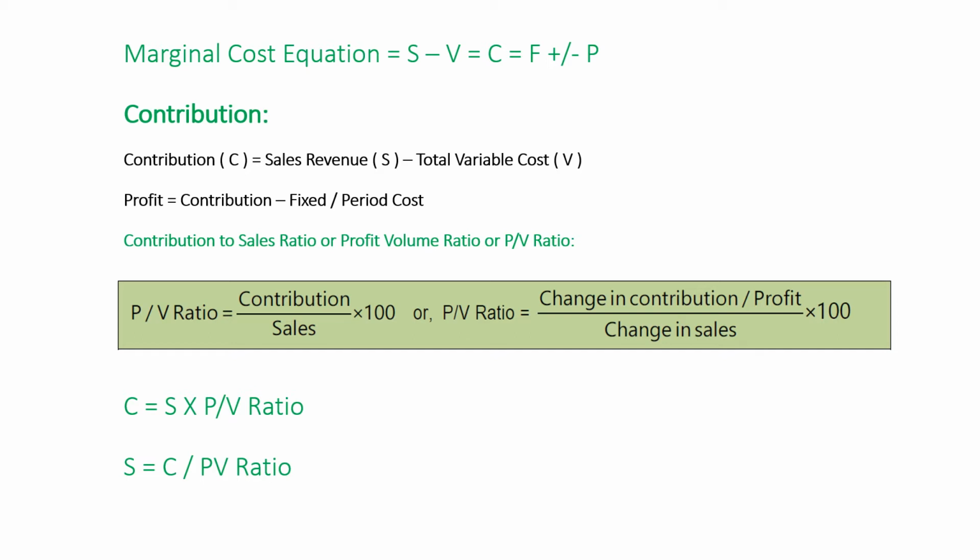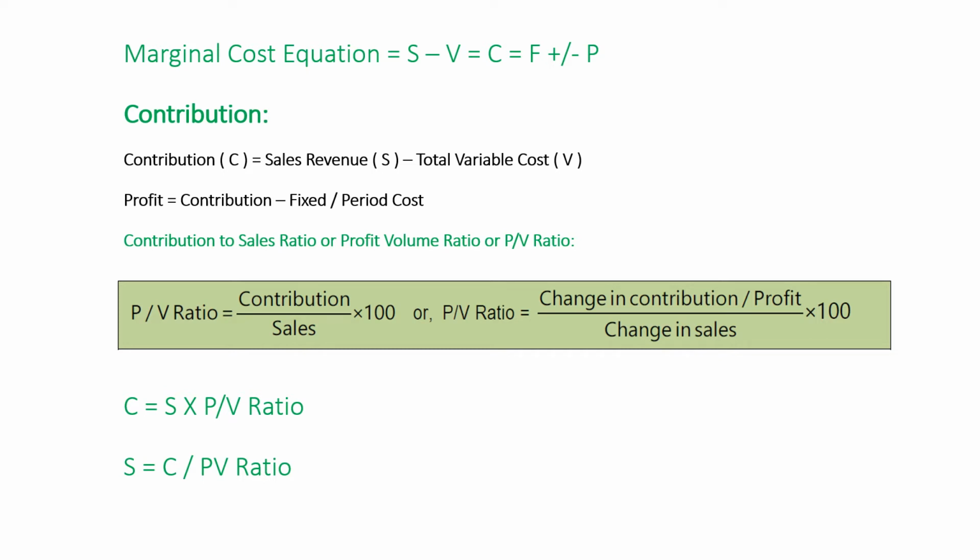To arrive backwards from profit to contribution, we have to either add or subtract profit to fixed cost to arrive at contribution. Let us take the same example. 30,000 was my contribution, 20,000 was fixed cost, and my profit was 10,000. So to arrive at contribution 30,000, what we have to do? Fixed cost of 20,000 plus profit.